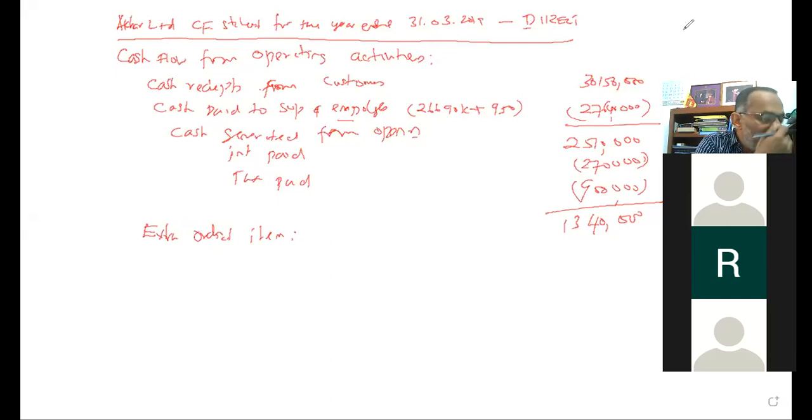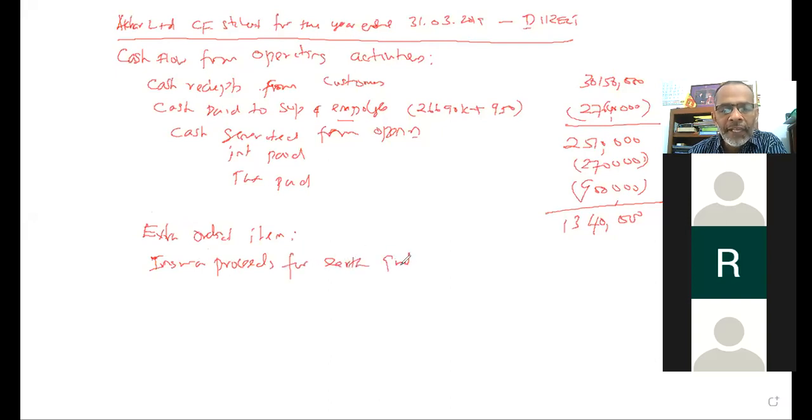Look here, they have given that the company made an insurance payment for any disaster, especially for an earthquake. They have given the insurance premium amounting to 180,000. Here you have to write down insurance premium for earthquake.